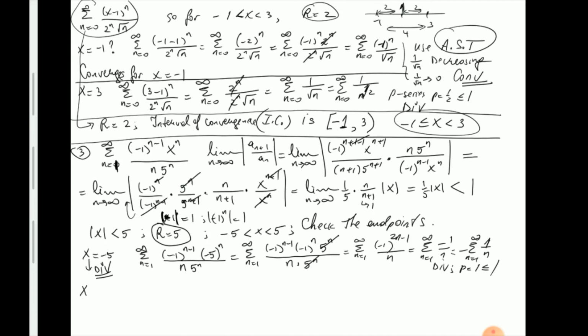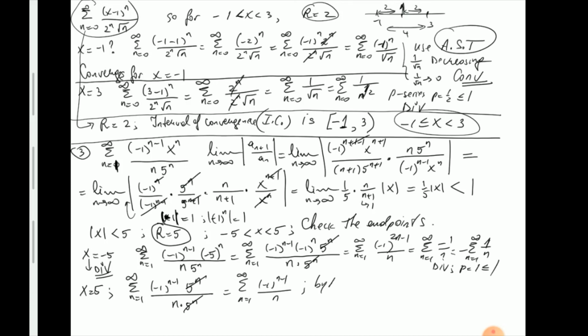Finally, let's plug in 5, the right-hand point, and the summation becomes (-1)^(n-1) over n times 5^n, with 5^n. So I'm left with (-1)^(n-1) over n. This is an alternating series.